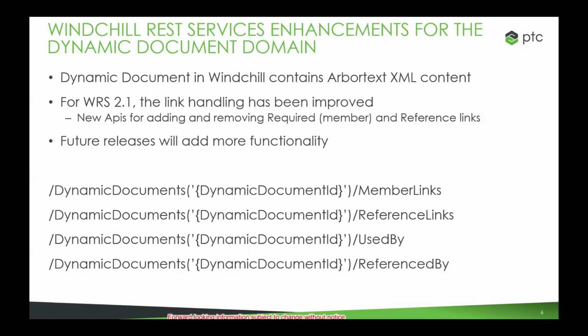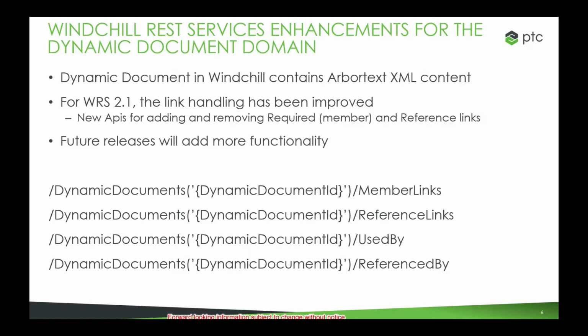In particular, in the next release, which is WRS 2.1, we've improved our link handling, and we've added explicit APIs for adding and removing both the required links and the reference links. So the member links, which are the required links, and the reference links.